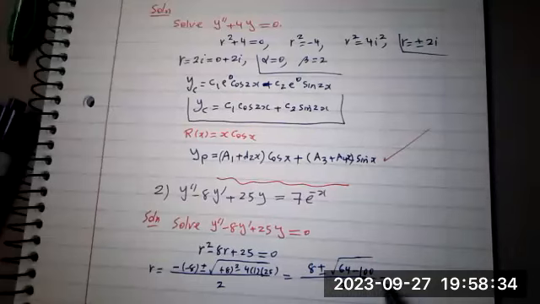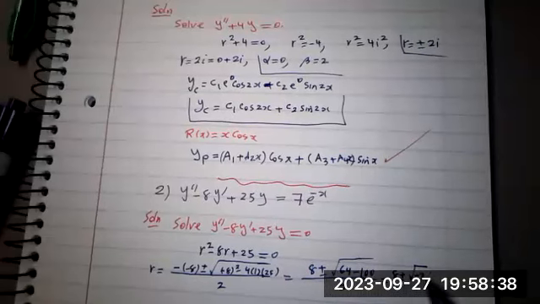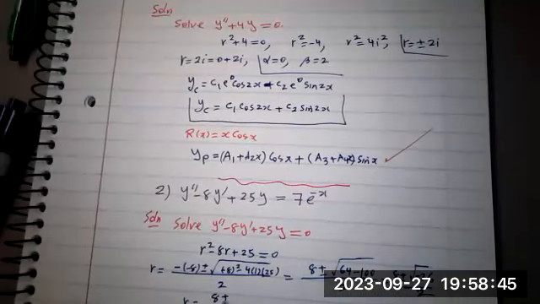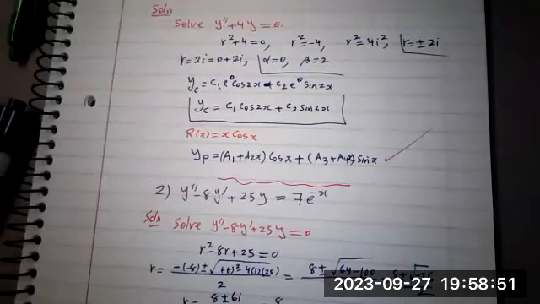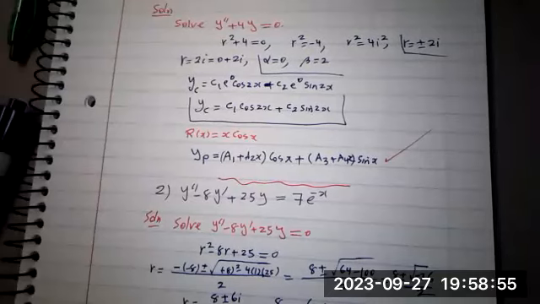What is that? Negative 36 over 2. We change it to a complex number, so that gives you 6i over 2. You simplify, so that gives you 4 plus or minus 3i.